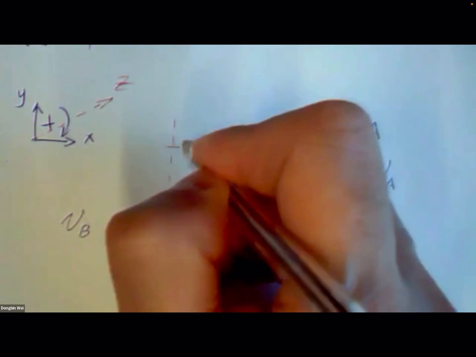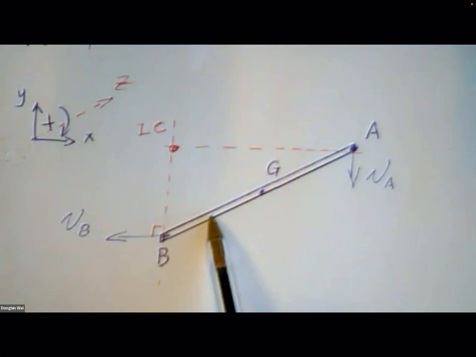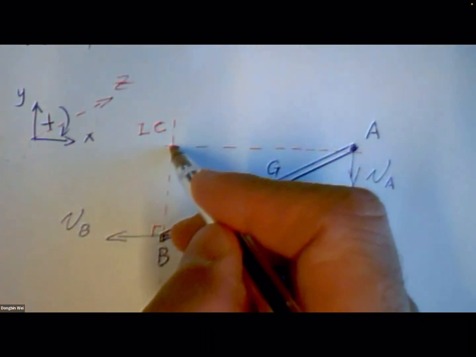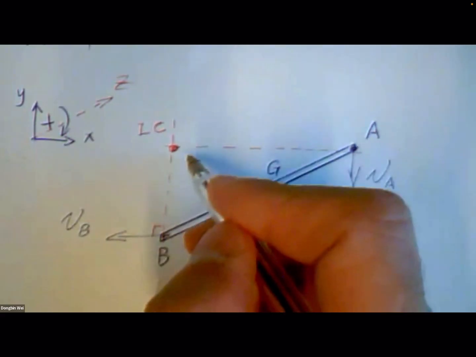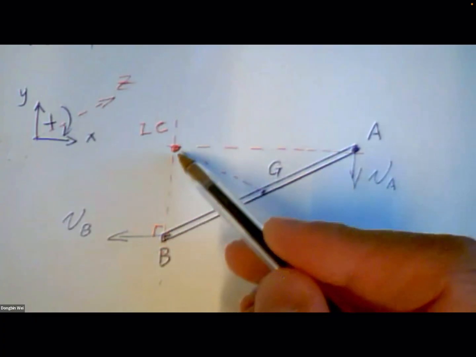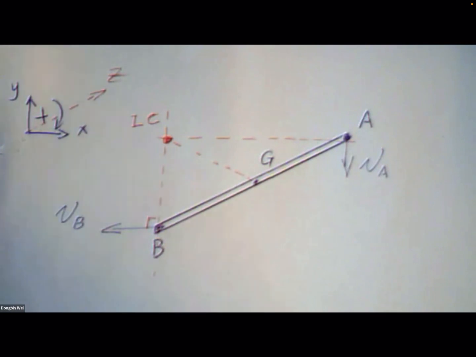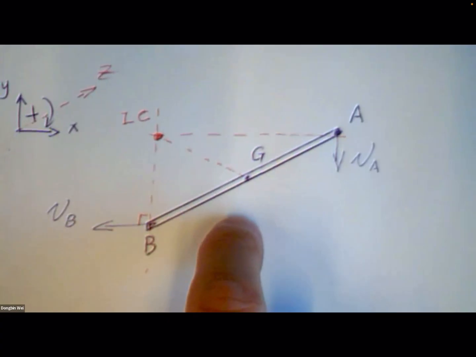Then you get the intersection point here, and this will be the IC point of this rigid body at this instant. Also, once you work out the IC point, it should be very easy to work out the distance from IC to each point. Let's see the solution. For this diagram, do you have any questions?